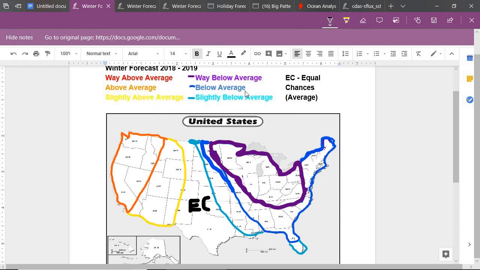Now, if we start into the cold side, slightly below average temperatures, it's a little bit small over here out into the west. For some areas, they're slightly below average there. They're slightly below average for southern Florida as well for that time.